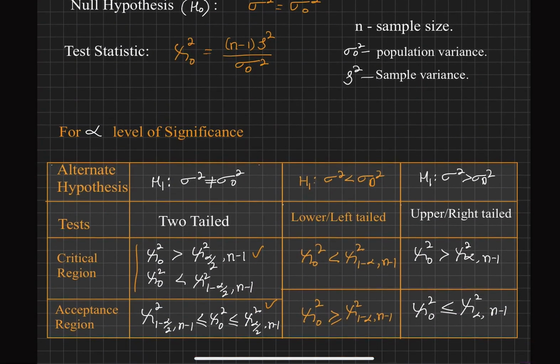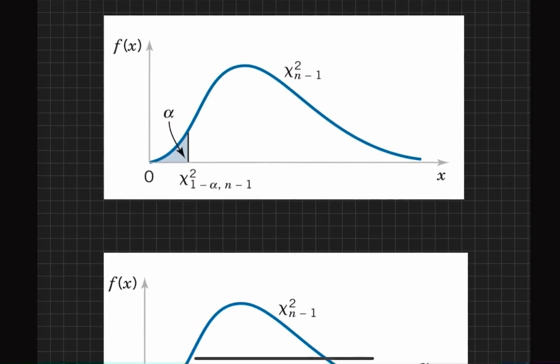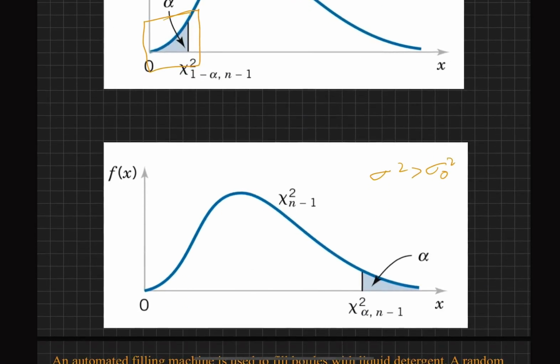Similarly, in the remaining two cases, the first case is sigma square less than sigma naught square. We call that as a lower or left tail test, and the second case is sigma square greater than sigma naught square. We call it as upper tail test. This graph is corresponding to sigma square less than sigma naught square. That's a lower tail. In the left side part, we'll have a rejection region, and corresponding to sigma square greater than sigma naught square, we'll have the rejection region in the right side part.